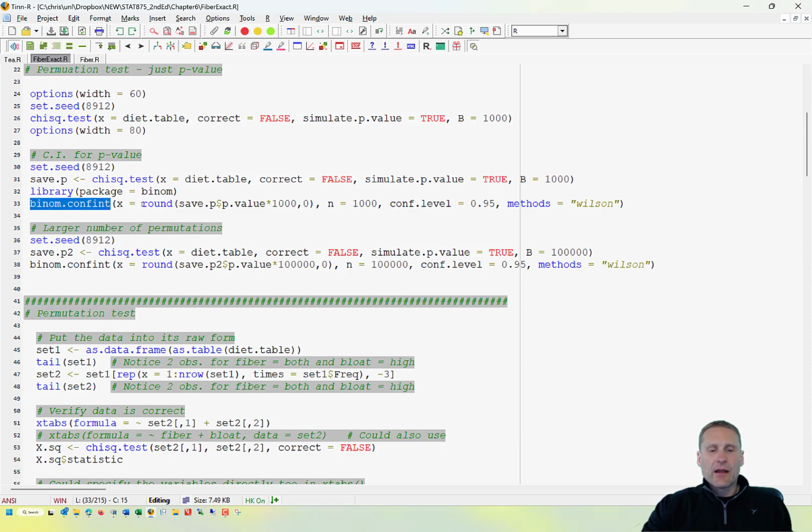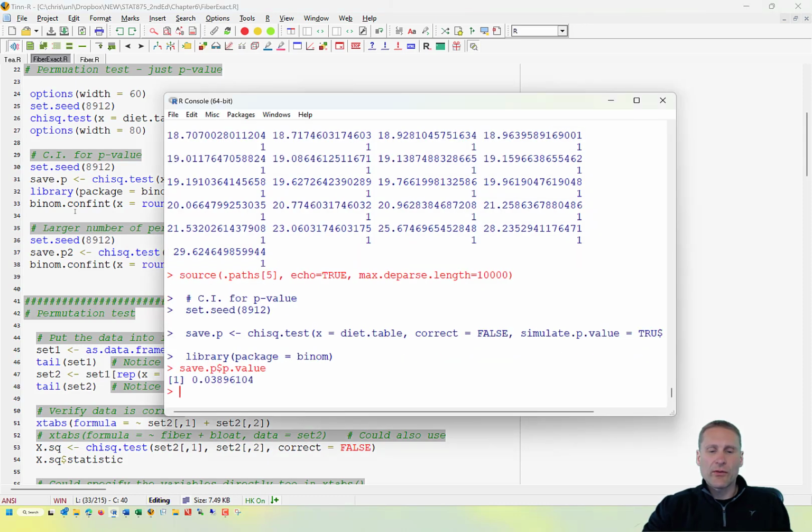binom.confint. I need to put in for my first argument essentially the number of successes. A success in our particular case corresponds to the number of times that x squared star is greater than or equal to the original x squared. How do I know what that is? Well, in save.p, there's a p-value inside there, 0.03896.